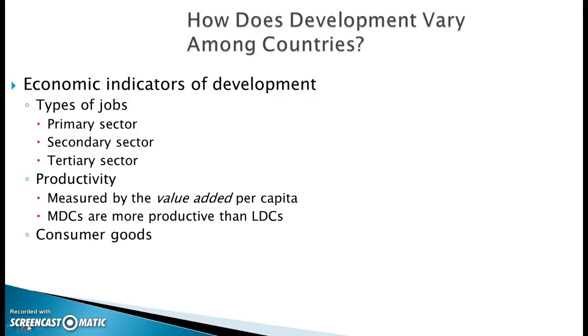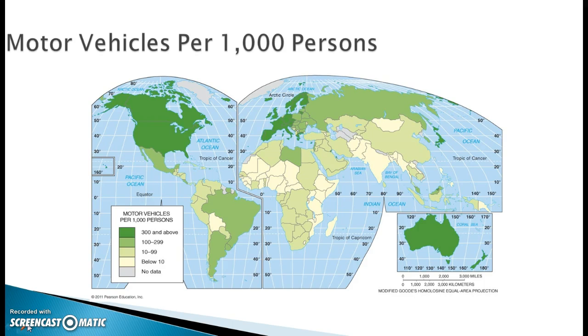You can also look at consumer goods and how many consumer goods people are consuming. As a way to take a look at that, we could look at motor vehicles per person, and this is a good measure just because motor vehicles are really a luxury item for the most part. I mean, people existed for thousands and thousands of years before motor vehicles, and they'll continue to exist if motor vehicles go suddenly absent, right? But what you can see is that in countries that are more developed, they have more consumer goods, right?